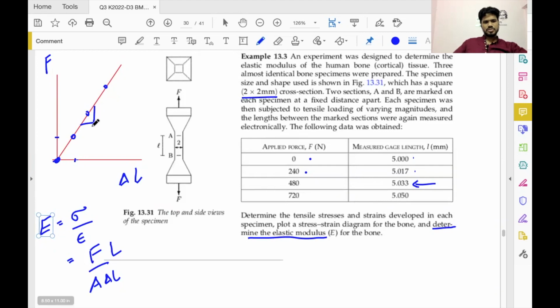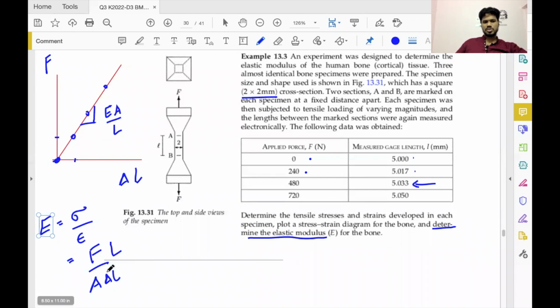So this slope that we have measured should be equal to EA by L, right? If you just plot these points, the slope here should be EA by L.